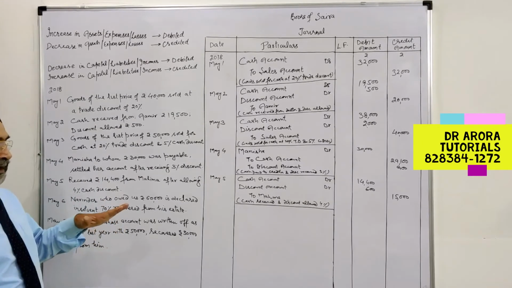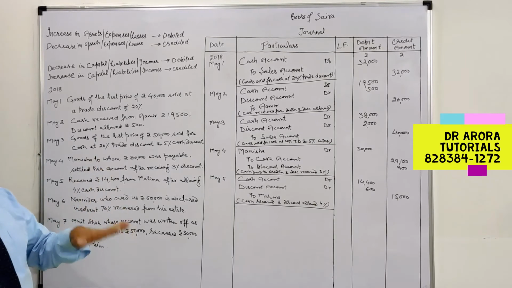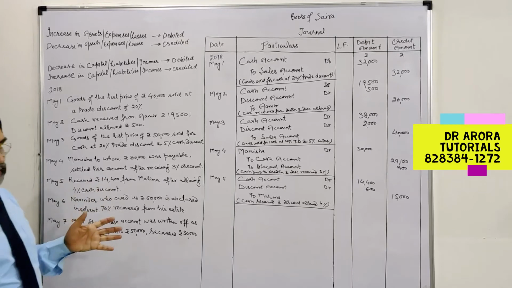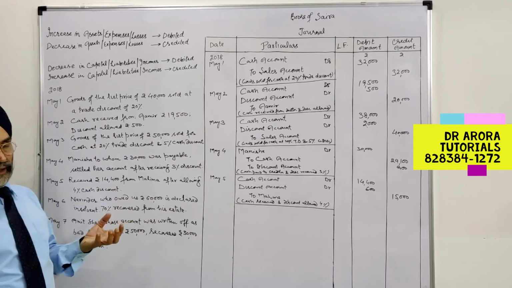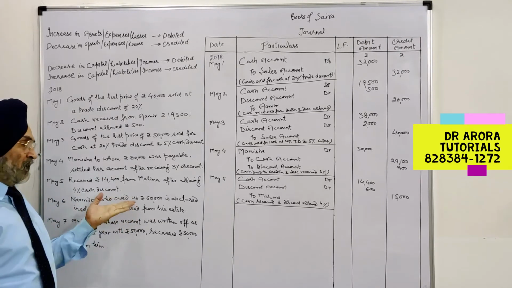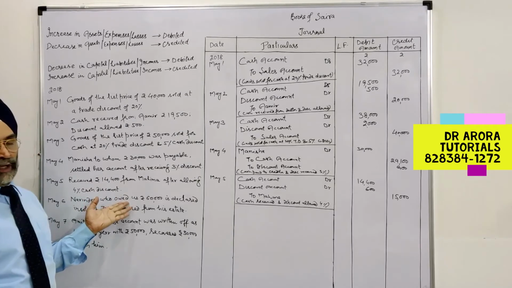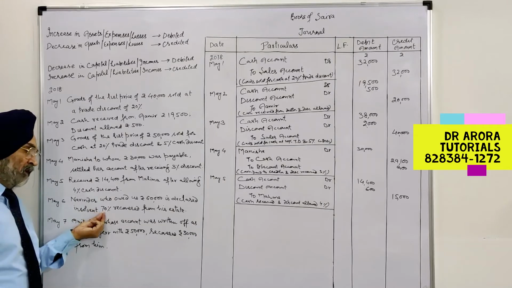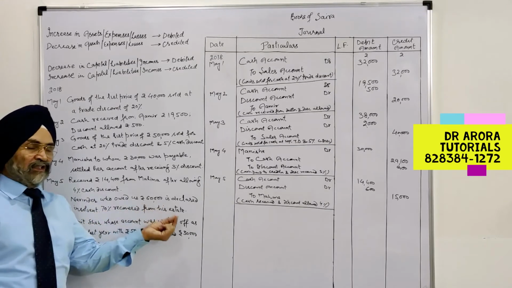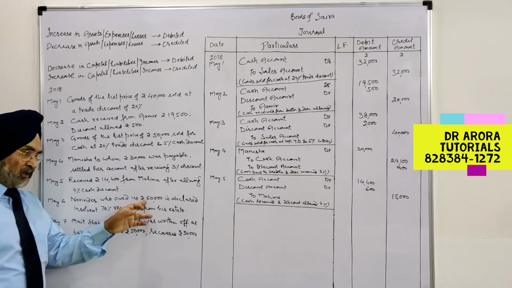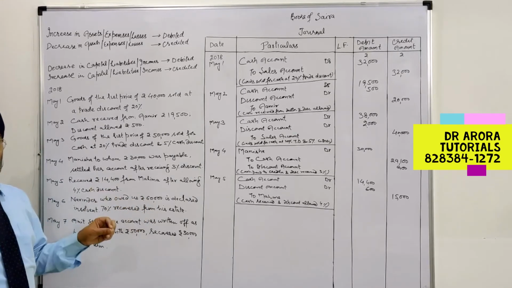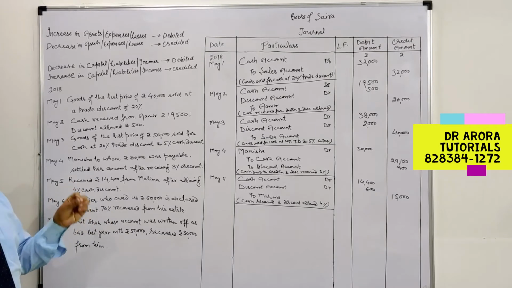It is the official receiver who makes the payment to all the creditors, and it depends how much amount is available or realized from the assets of that insolvent person. So we could recover only 70% from his estate. Out of 60,000, 70% is recovered, 30% we are unable to recover.